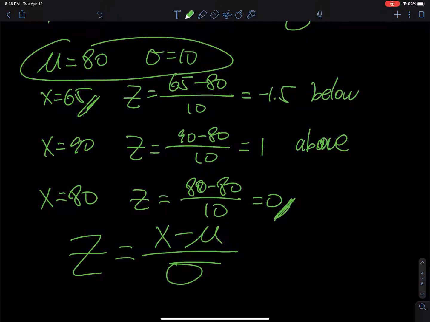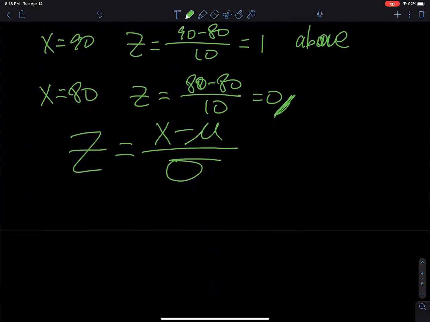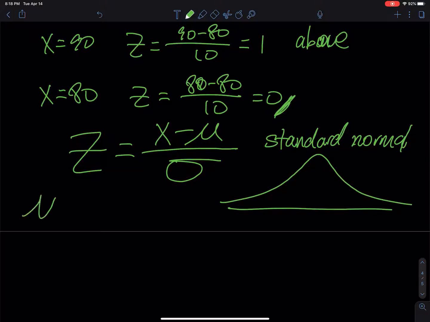So after you standardize, you don't have to take care of the big mu, the small sigma, or those kinds of things. You only need to know one thing. Z means standard normal. In the standard normal distribution, the mean is equal to 0. Sigma is equal to 1.